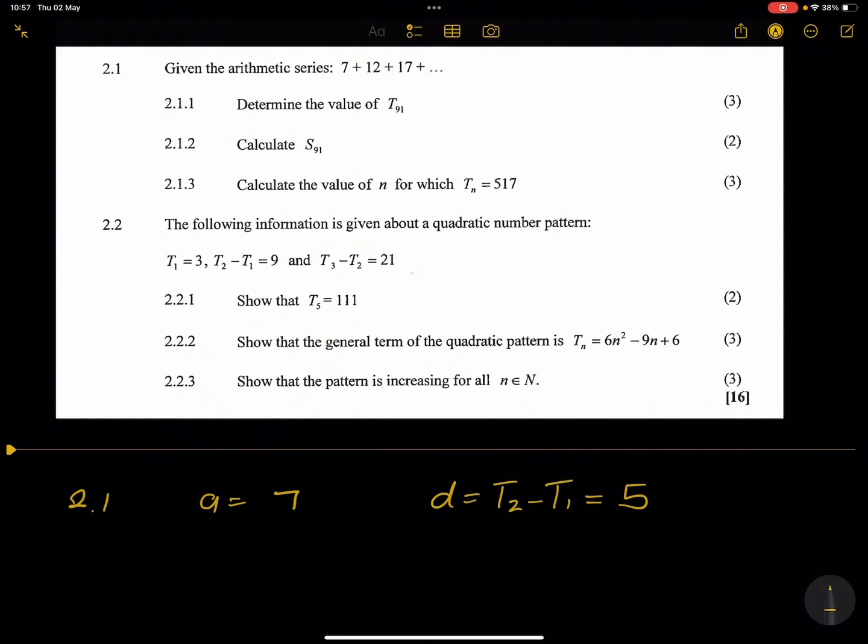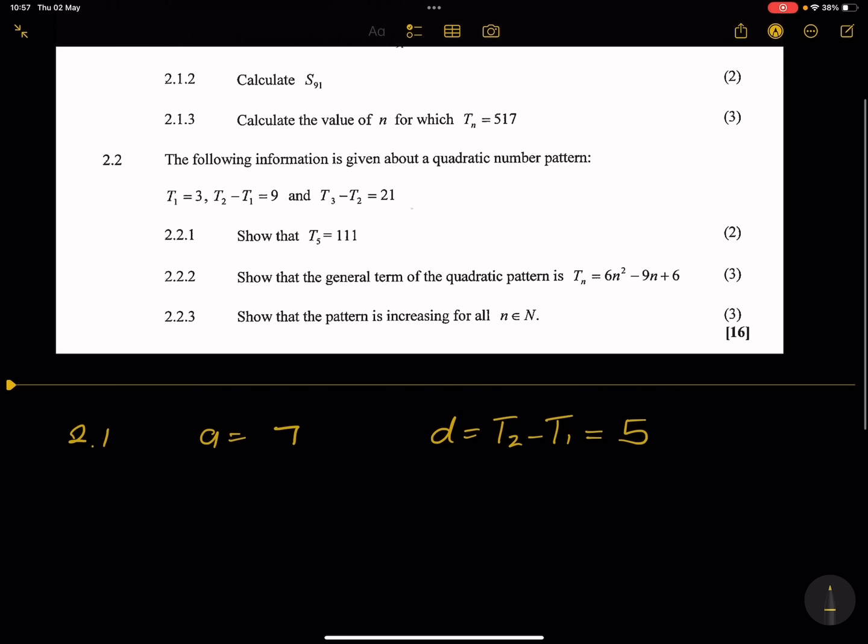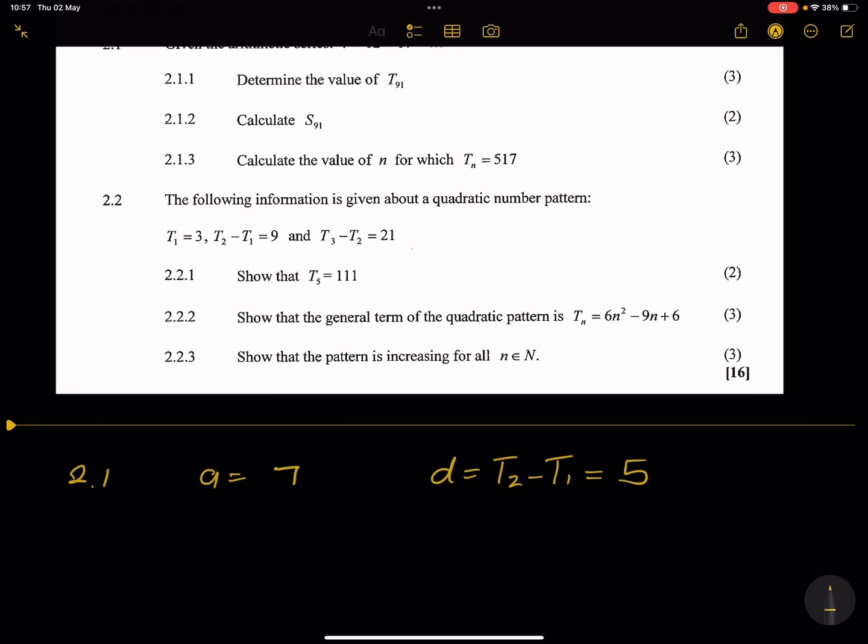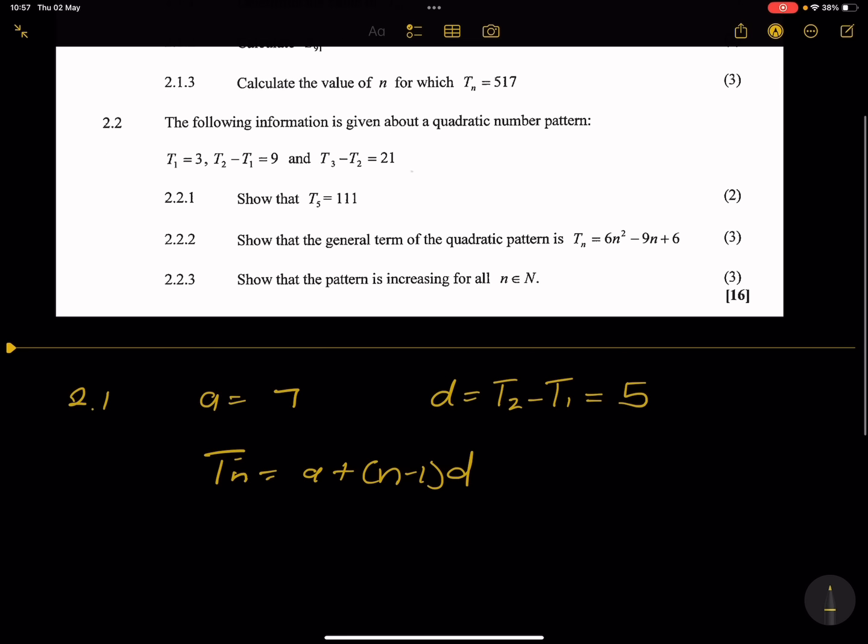So we know our A value and our D value. We're looking for T91. So remember that Tn is equal to A plus n minus 1 times D. So T91 is going to be 7 plus 91 minus 1 multiplied by 5.